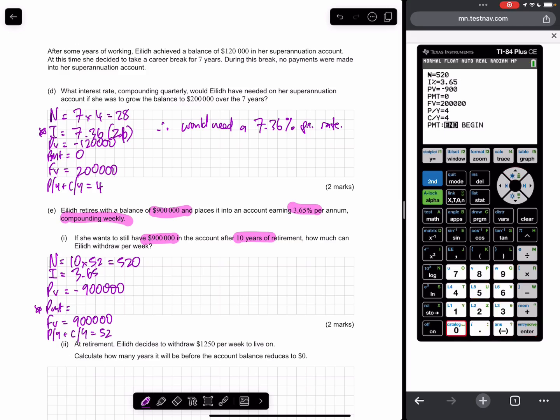No, 900,000. Stay at 900,000, 52 both. $631.73 to 2 decimal points. Therefore, $631.73 per week.